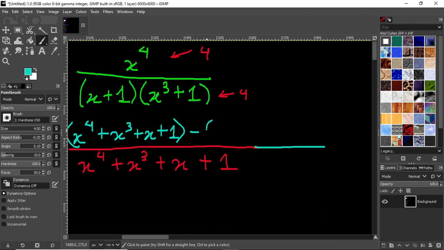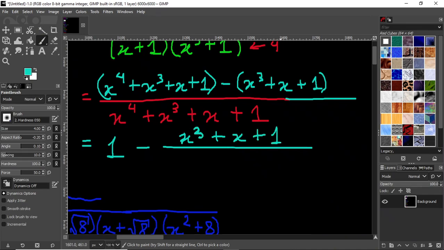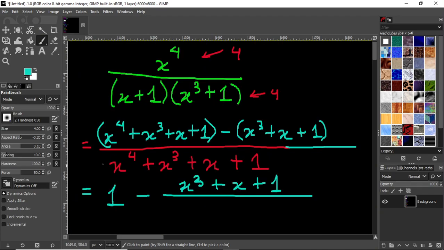So I'm going to subtract x cubed, x, and 1. If we do that, this cancels out if we separate the fractions. So this is 1 minus x cubed plus x plus 1.